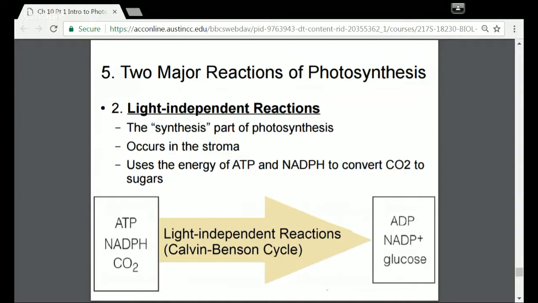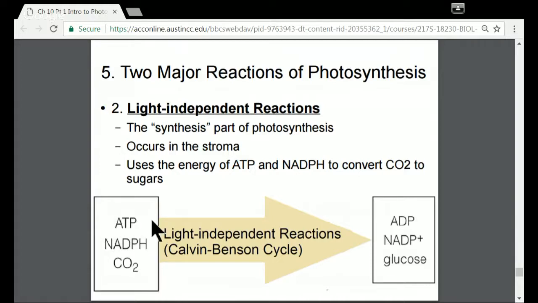Well, in the second half of photosynthesis, the synthesis part, or the light independent reactions, sometimes called the dark reactions, which sounds cooler, that chemical energy that's captured is going to be used to build a longer storage molecule, to build sugars. So here we can see that happening.